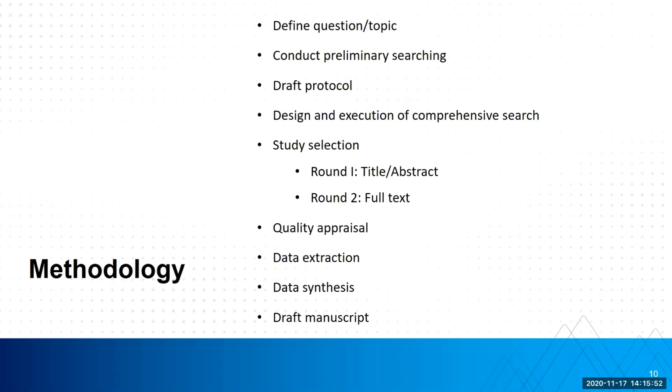So we might say, okay, I want to do a systematic review on the flu vaccine. But we need to step back and think, okay, what types of interventions are out there? Maybe I need to think about if there is a specific dosage of the flu vaccine I'm interested in. Think about where the evidence is and also where the gap in the literature might be, and that might happen from conducting preliminary searching.